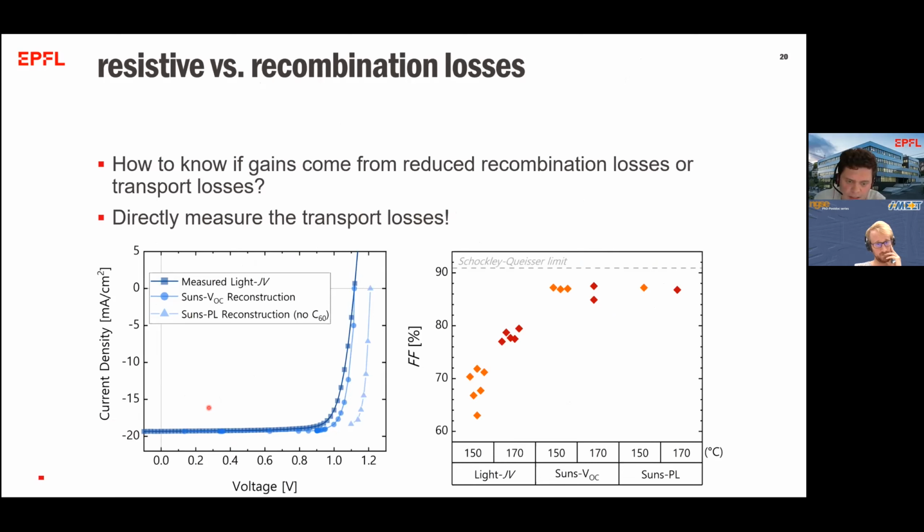And then finally, a technique that Martin and I used while still in Potsdam, in perovskite. We measured the quasi-Fermi level splitting of the perovskite layer without C60, so removing one of the charge transport layers, and did that as a function of light intensity, and thereby you can again quantify the potential of this semiconductor.